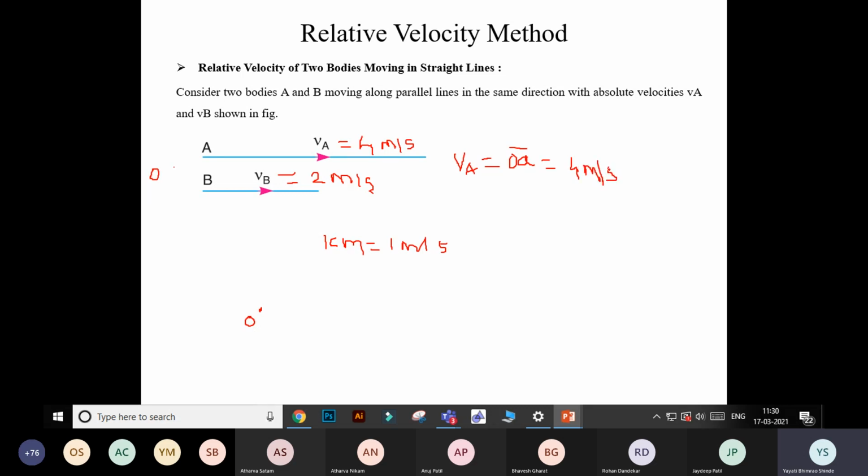According to the scale, in centimeters it is 4 centimeter. So I will first draw vector OA of 4 centimeter, whose direction is known here.